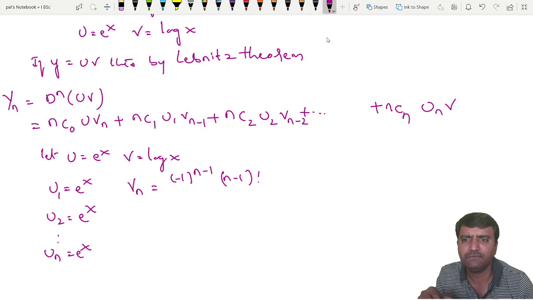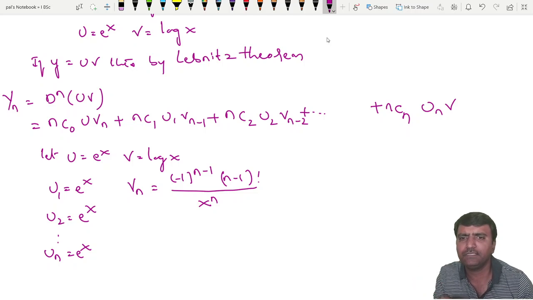Here a value is 1, so it is not necessary to write 1 to the power of n, by x to the power n. If you know the nth differentiation of v, we can easily write the n minus 1th differentiation, n minus 2th differentiation of v.